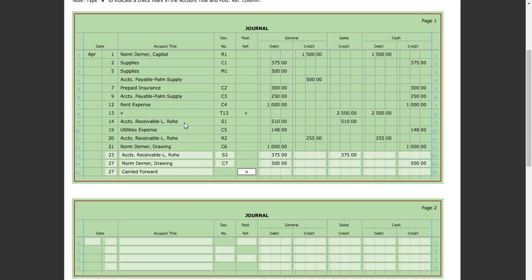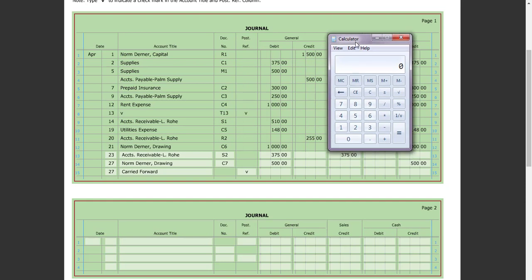Just know that you don't understand the whole column yet. So now what you need to do, using your calculator, you need to go through and add up general debits. So I would put in my calculator 375 plus 500 plus 300, 250, 1,000, 510, 148, 1,000, 375, and 500.